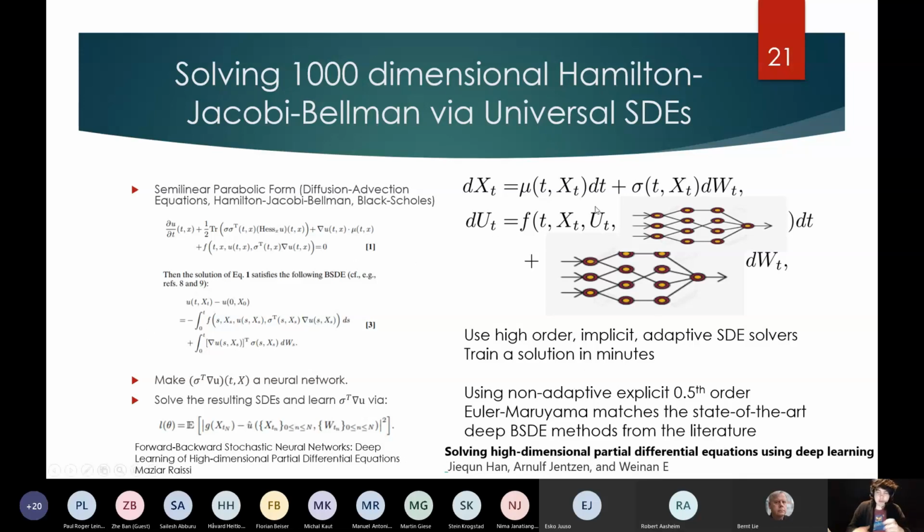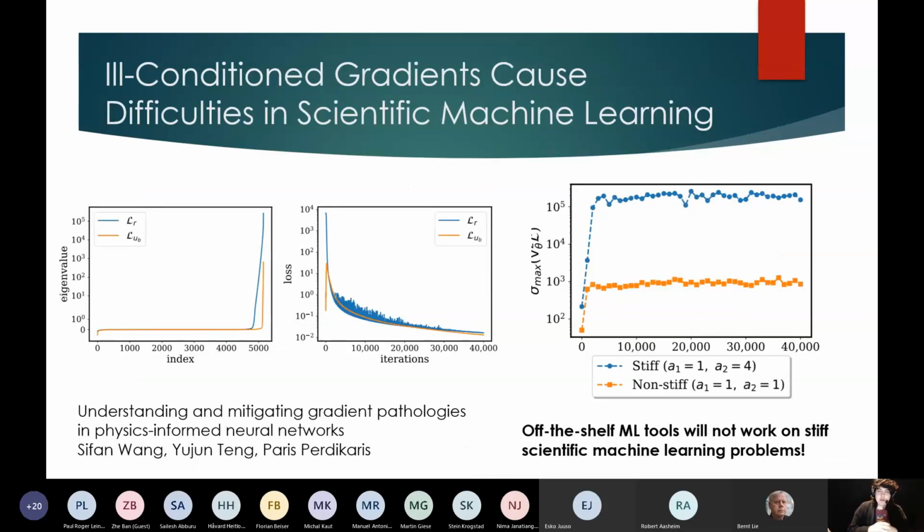But since you have this as a stochastic differential equation, you can use high order implicit adaptive SDE solvers and solve this in minutes and now actually seconds, and train the neural networks in here because you are doing more than just the Euler method, right? So this is a very powerful representation of something that you wanted to get many different data-driven forms out of.